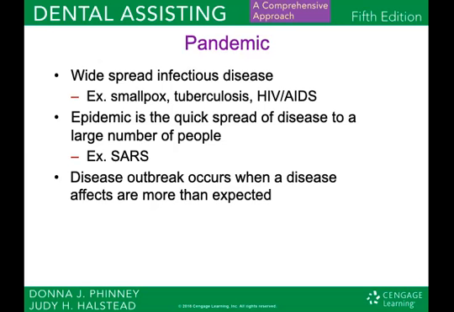Just for your knowledge, the common cold and flus are actually known as endemics because they're always going to be around. And an outbreak is when a disease's effects are more than expected.